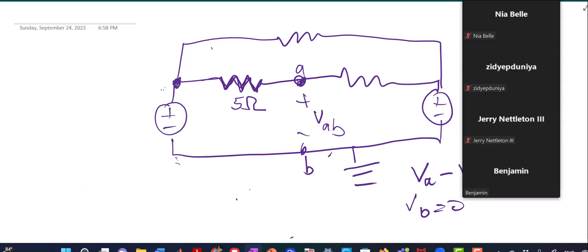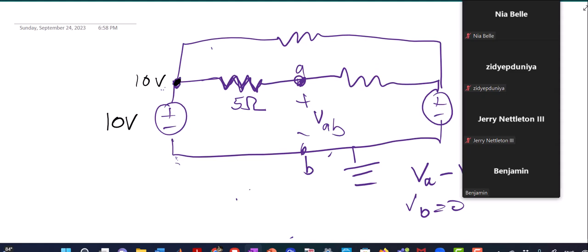So I'll make this ground, and I decided that I wanted this voltage source to be 10 volts and this resistor to be 5 ohms. I don't know what you have in yours, but the way this circuit is drawn, this voltage right here would be 10 volts relative to ground.